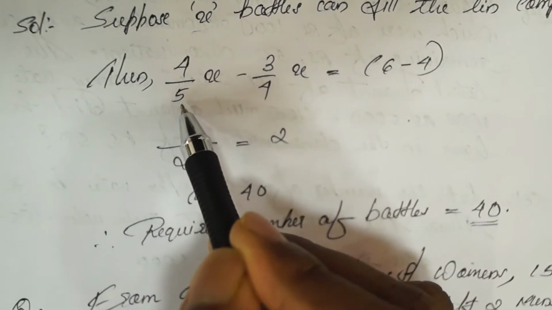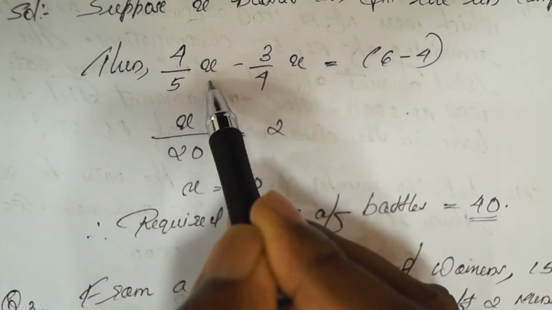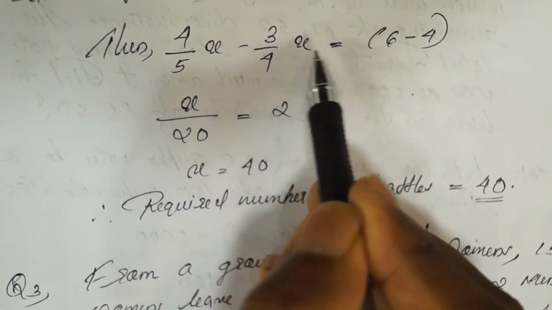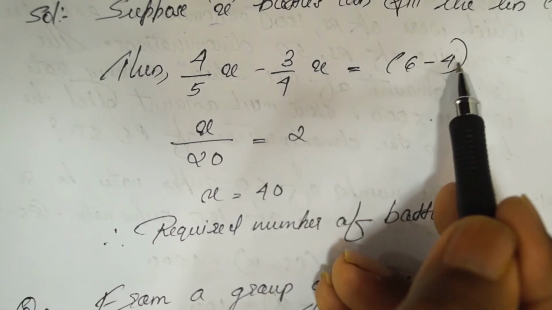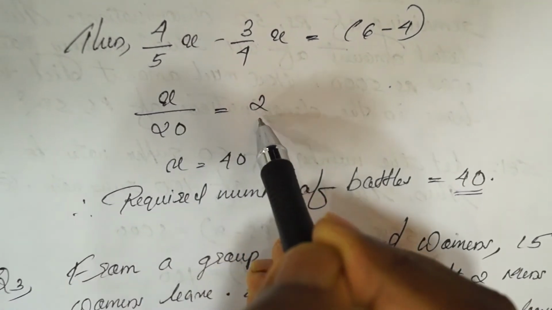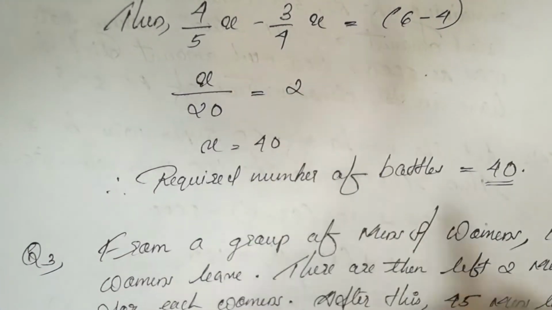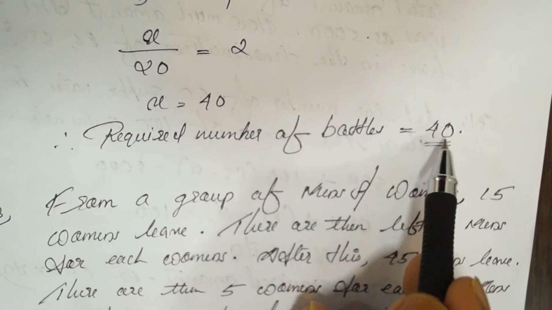Before it was 4 by 5 full, then 3 by 4 full. So 4 by 5 x minus 3 by 4 x equals 6 we took out, then we poured 4, so 6 minus 4. So x by 20 is equal to 2. So x is equal to 40. So the required number of bottles is equal to 40.